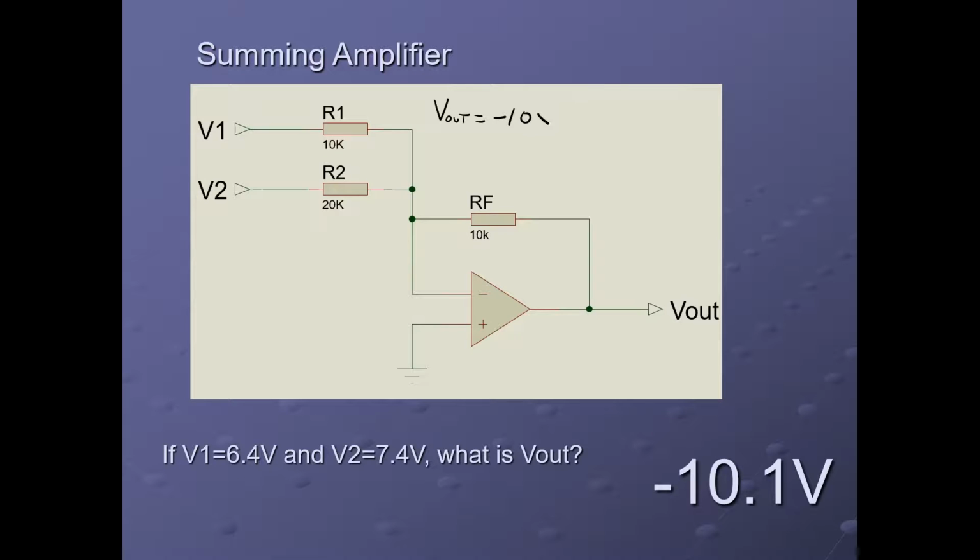So it's minus 10 times 10 to the 3 multiplied by V1, which is 6.4, over 10K, so that's 10 times 10 to the 3, and then to that we add V2, which is 7.4, divided by the value of that second resistor, which is 20 times 10 to the 3. If you stick that into your calculator, you should get minus 10.1 volts. If you don't, you've plugged it into your calculator wrong.